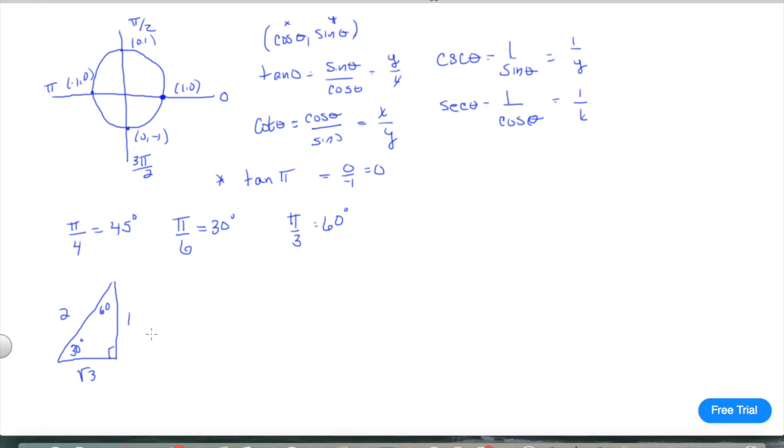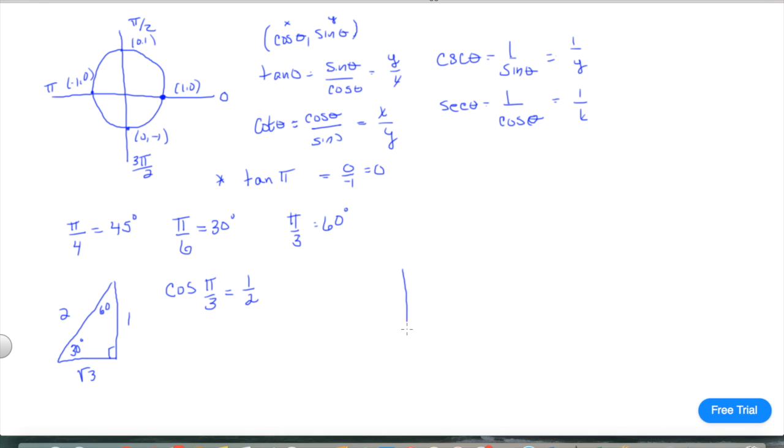So again, if you're asked, what is cosine of pi over 3? Well, if you have this triangle in front of you, I know pi over 3 is 60 degrees, and cosine is the adjacent side over the hypotenuse. So then I can quickly and easily see that cosine of pi over 3 is 1/2.